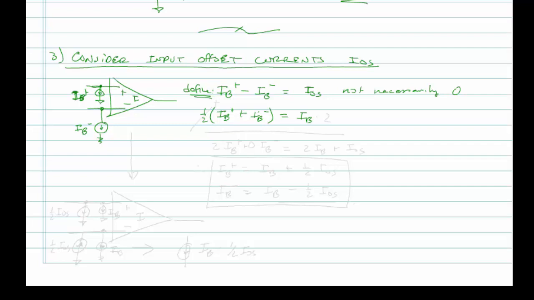So let me think about how I'm going to do that. Let's cross this out and put 2IB here. I don't know, I'm doing this on the fly here. Let's see, and if I add these two, what will I get? I'll get 2IB plus, and then I'll get 0 IB minus, and I'll get 2IB plus IOS.